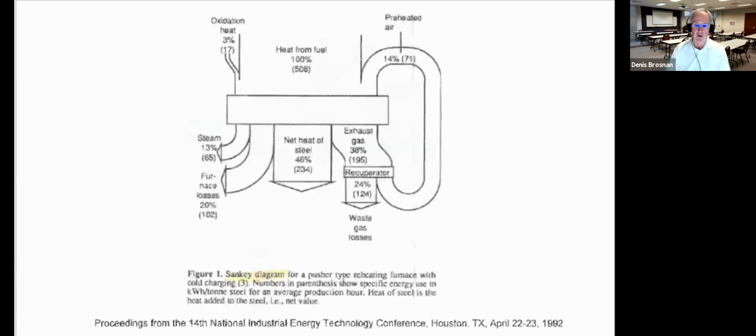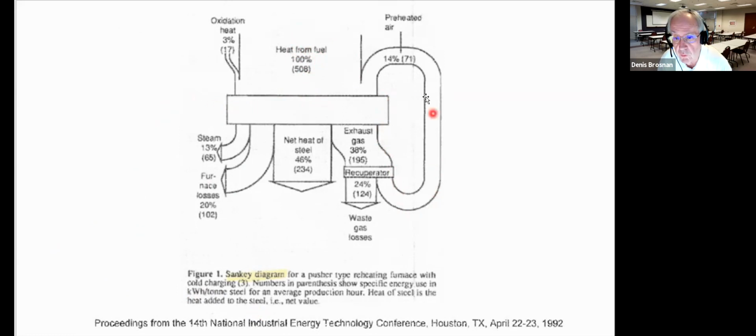Now, I found another Sankey diagram in some technical literature. I've given you the reference down here just in case you want to look at that. This is a reheat furnace used in the steel industry where steel billets are heated in a furnace. And so you can see that 100% of the heat is from fuel firing.